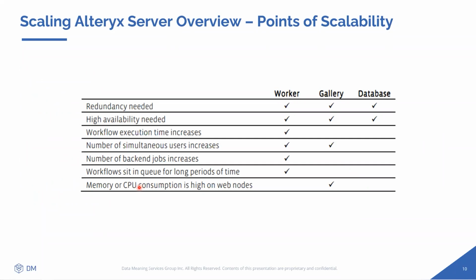And for all of those 3, the worker, the gallery, and the database as well, if you want a high availability server, you can scale all of them. Maybe you need to be aware of the workflows that are running.